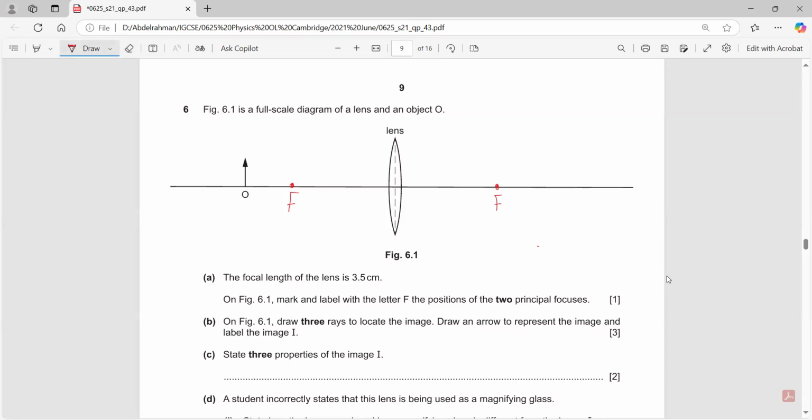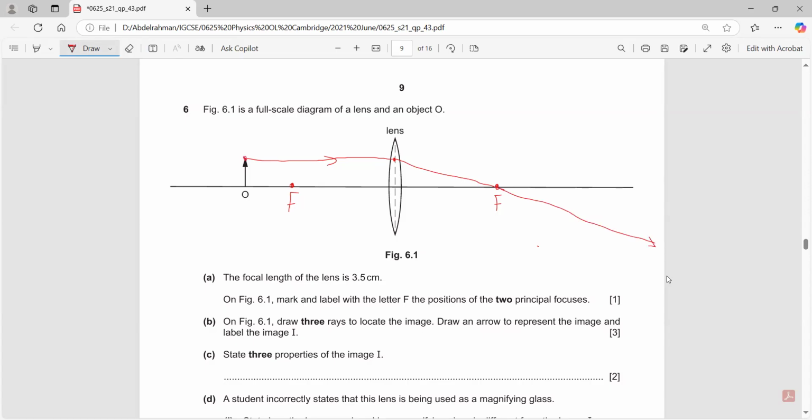Okay, the first ray, parallel. Again, you're drawing using your ruler. Once it reaches the center of the lens, what happens? It refracts and passes through the focal point, or the principal focus. I think you need to draw more accurate lines. Drawing the line passing through the focal point needs to be a lot more accurate.